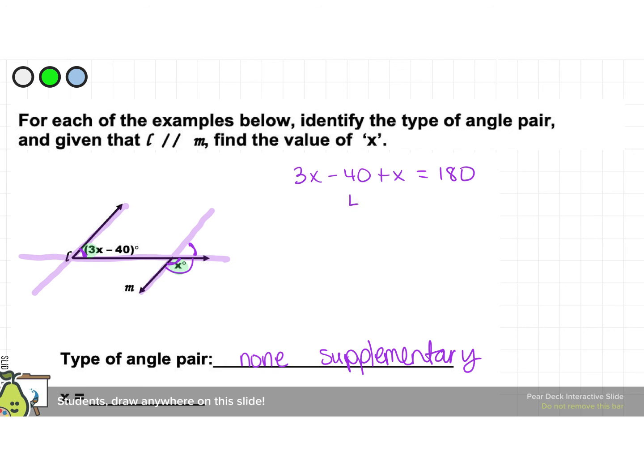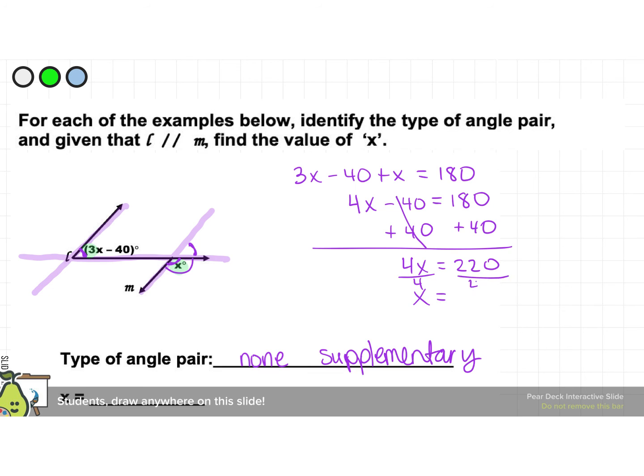Combine our like terms and we get 4x minus 40 equals 180. And we can add 40 to each side. We get 4x equals 220. Divide by 4. And we get x equals 55.